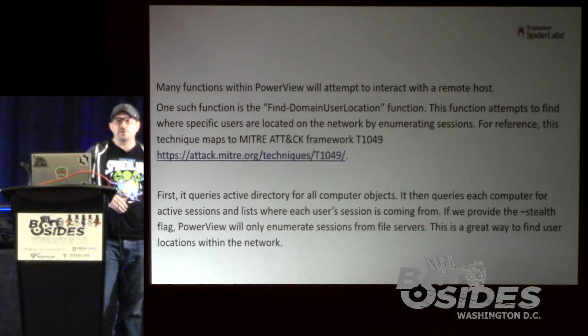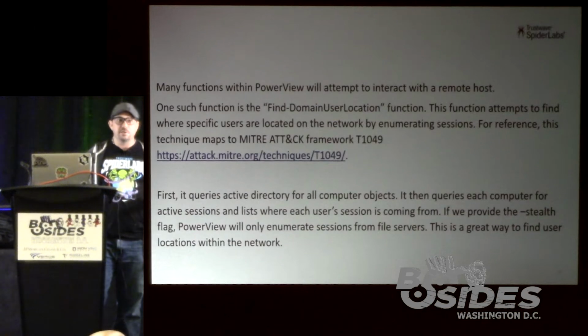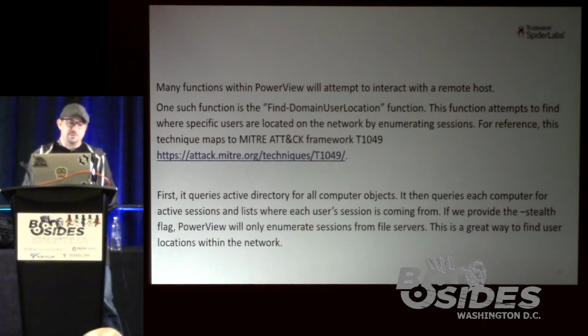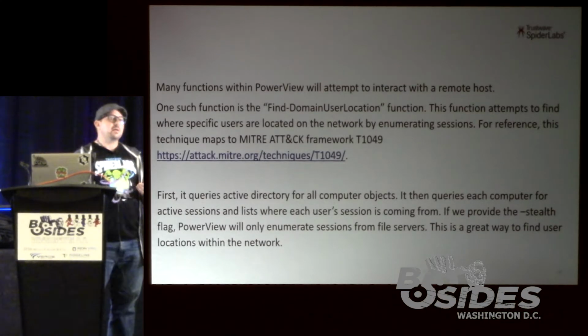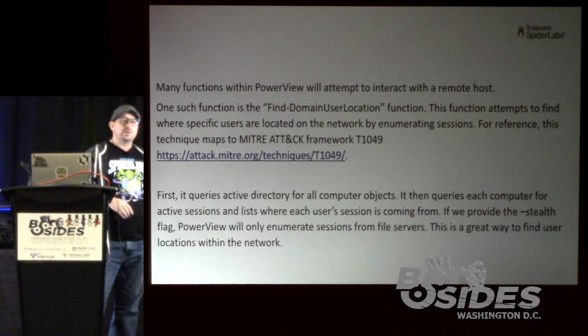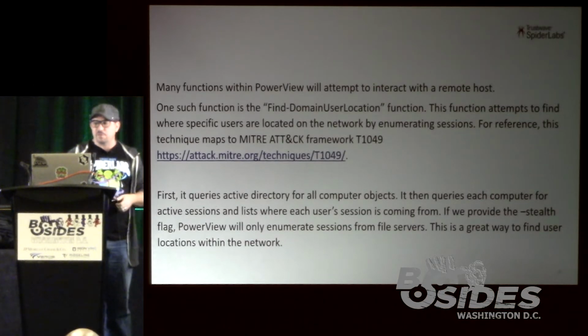So now the adversary knows where I'm logged in and can then attack me if they want. This is under MITRE ATT&CK technique T1049, for those of you who like to follow MITRE. Even if they use the stealth flag within these tool sets, it's still going to query for those users, see where those file servers are, and then query the file server. So it's still going to hit our fake file server.